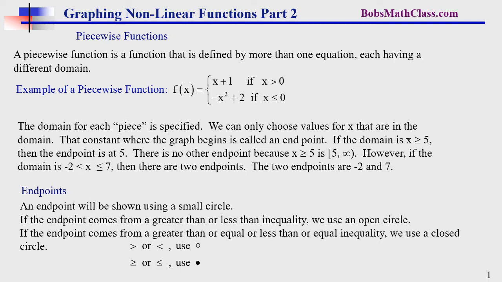If there's a greater than or less than, we're going to use an open circle. And if there's a greater than or equal to or less than or equal to, we're going to use a solid circle or a closed circle. So if it has a line on the bottom for equals, you fill in your circle. If there's no line on the bottom, you leave an open circle.